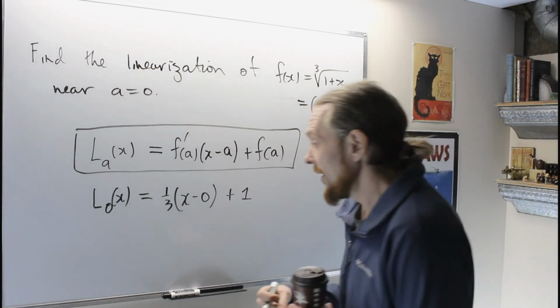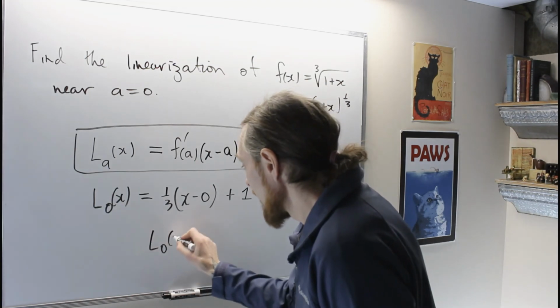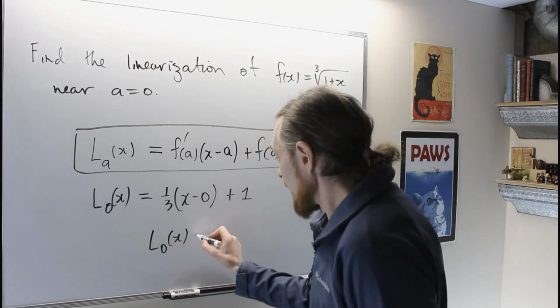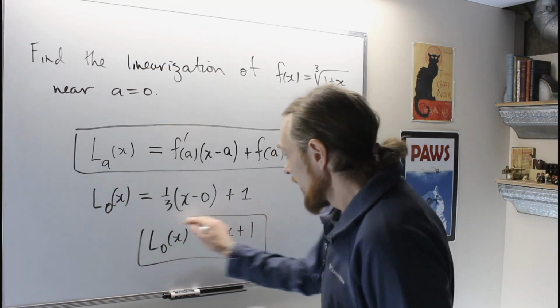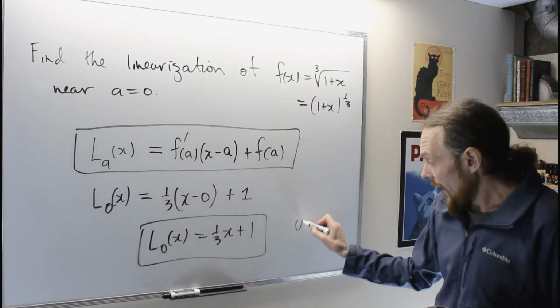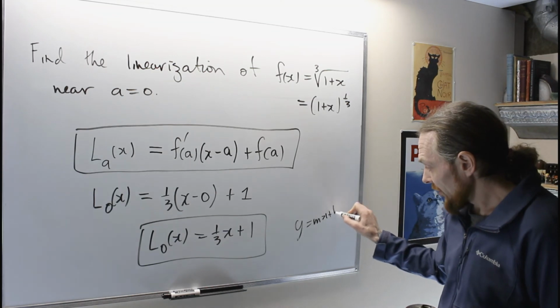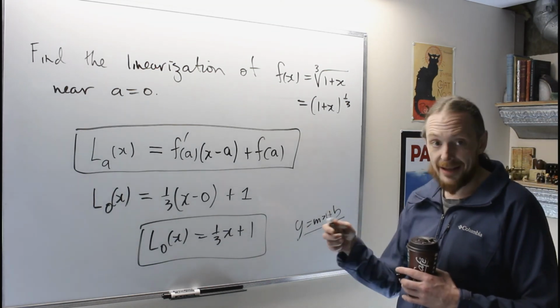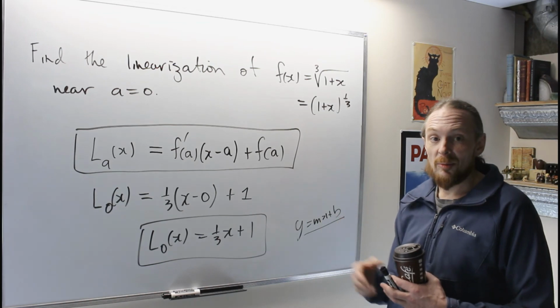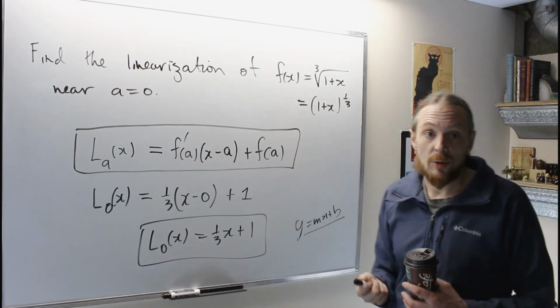Cleaning that up, the linearization L of x at 0 is equal to 1/3 x plus 1. It should be the equation of y equals mx plus b because it's a straight line, and it is the equation of the tangent line to the curve at 0. We can then use this to approximate, like, the third root of 0.99.